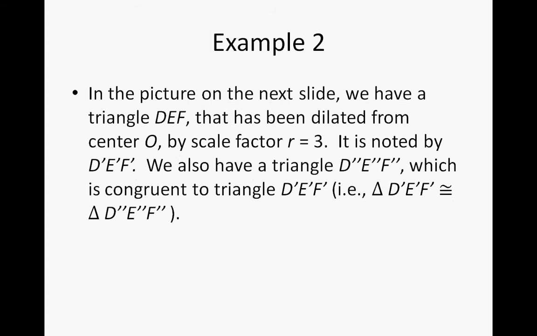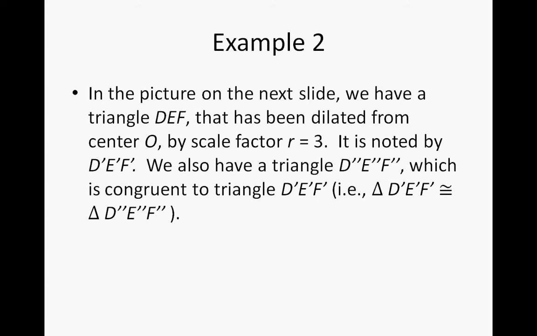All right, let's take a look at another example. When we get to the next slide, again, stop the video and sketch this out on graph paper or in your math journal. You're going to have a triangle DEF that has been dilated from the center O by a scale factor of r equals 3. It is going to be noted as D prime, E prime, F prime.